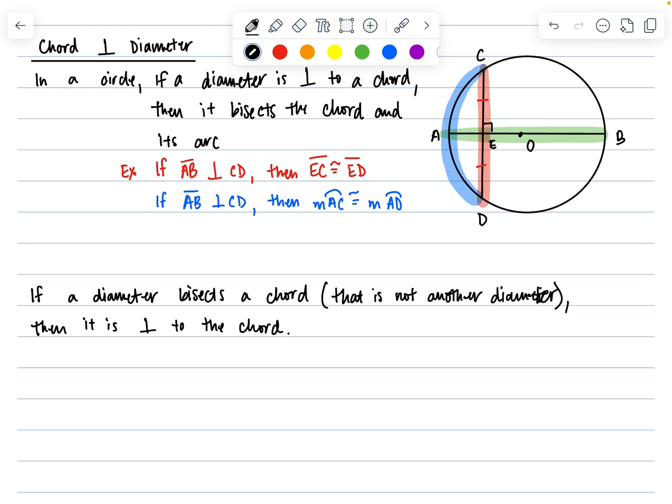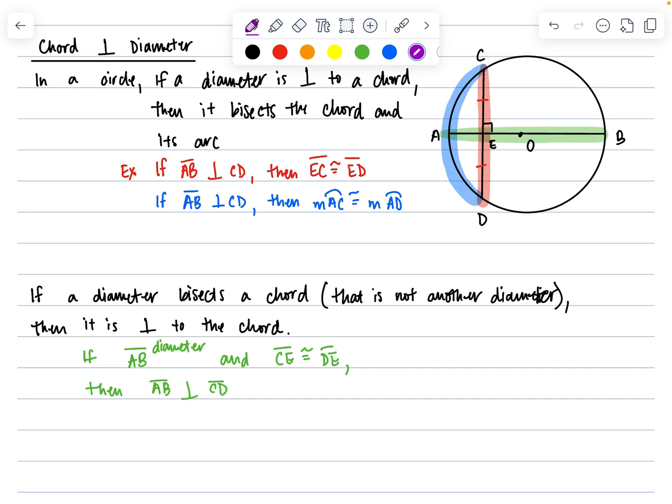Okay, so here we're going to state, let's do this in green, if AB, which is the diameter, if AB is the diameter and CE is congruent to DE, then AB has to be perpendicular to CD.